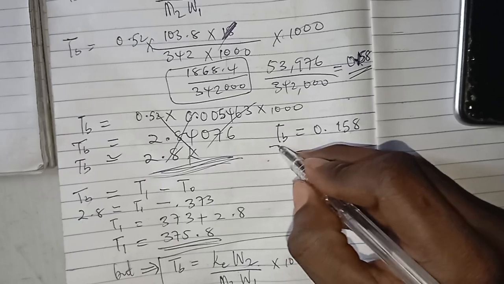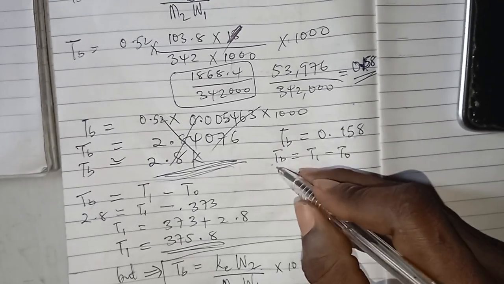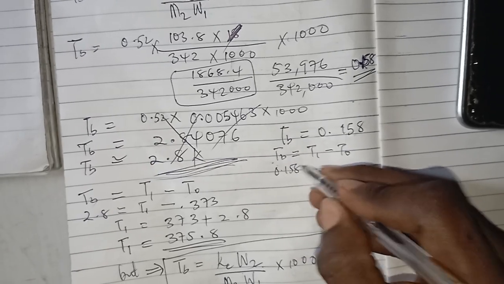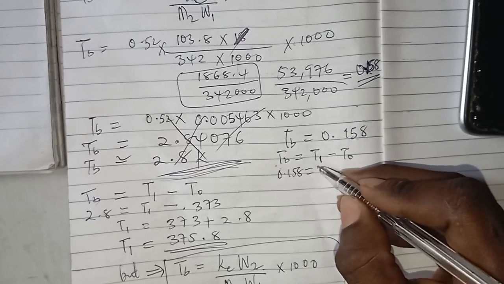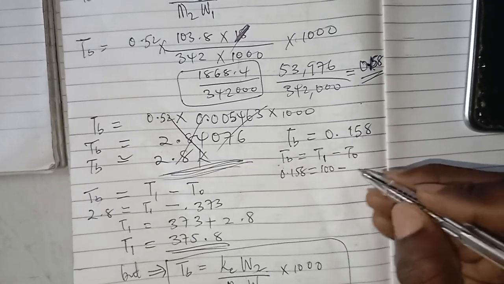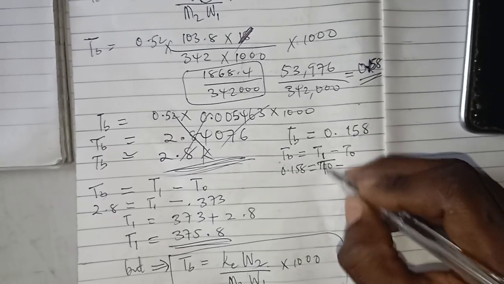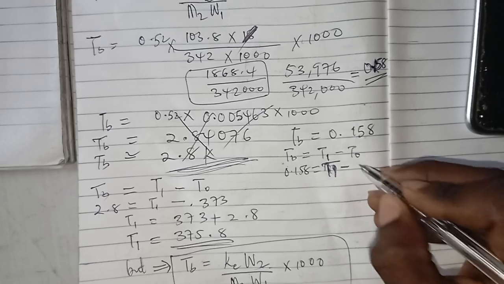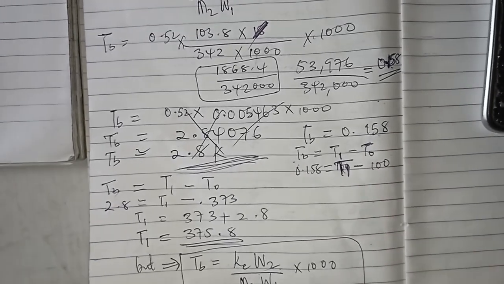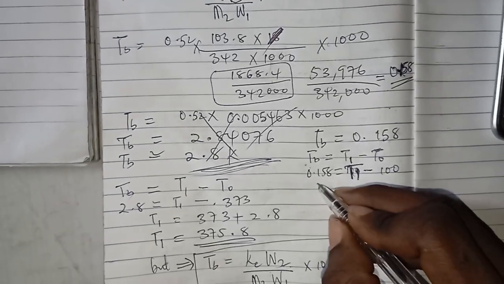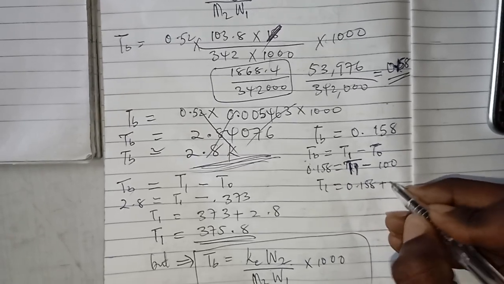If I apply TB equals T1 minus T0, I will get 0.158 equals, they said this one is at 100 degrees C, so T1 minus 100. That is the temperature for boiling of solvents, 100 degrees C. Then, if I make T1 the subject of the formula, T1 equals 0.158 plus 100.